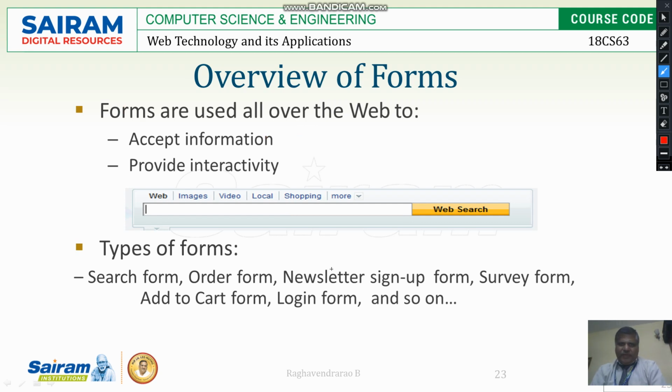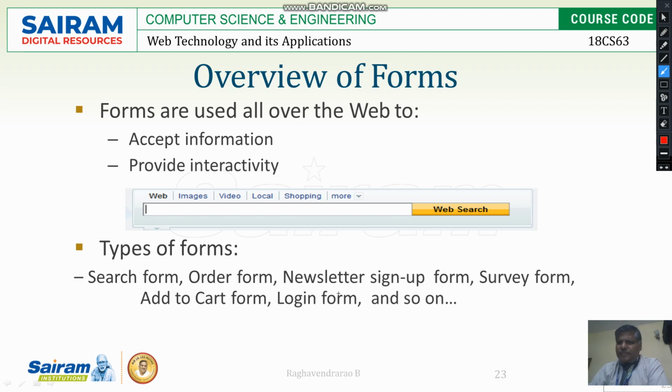Now, there are different types of forms. What are those forms? There is the search form, like this one. The order form, which you will see on e-commerce sites like Naptol, where you will see all the information about the orders.